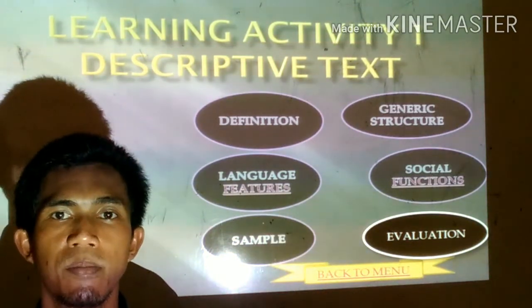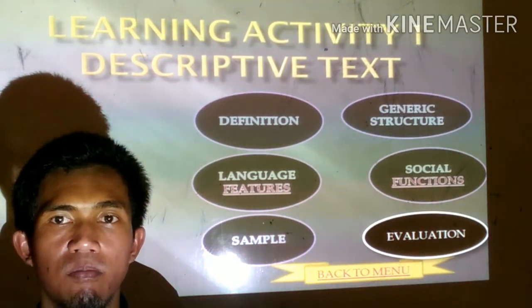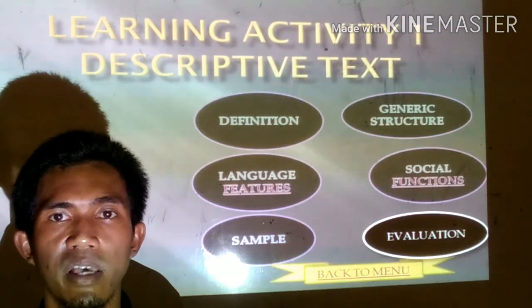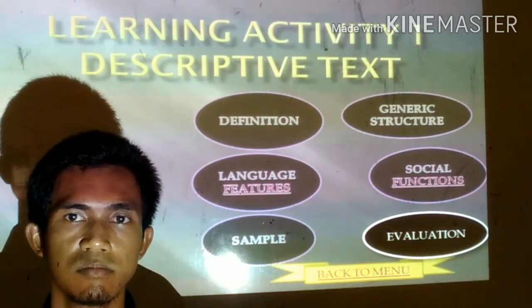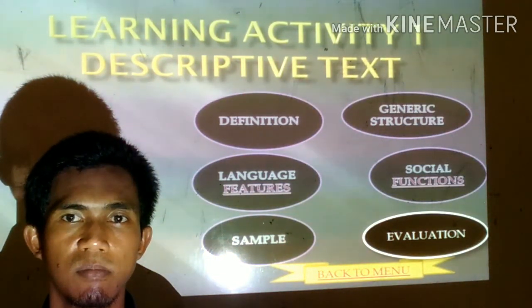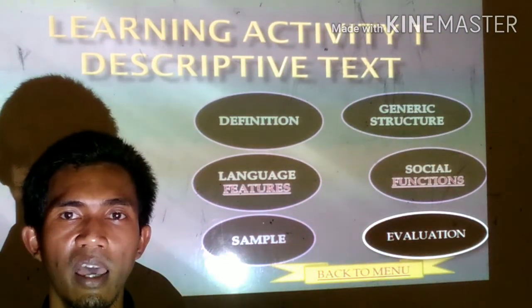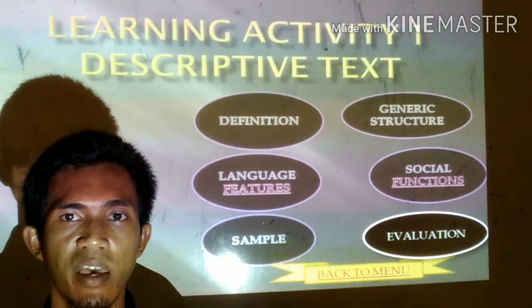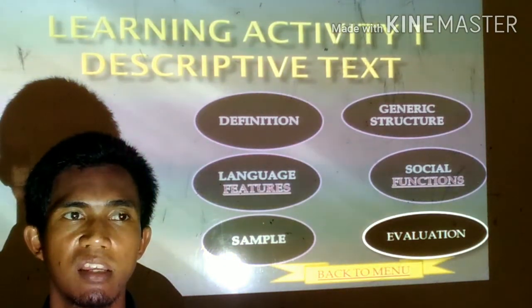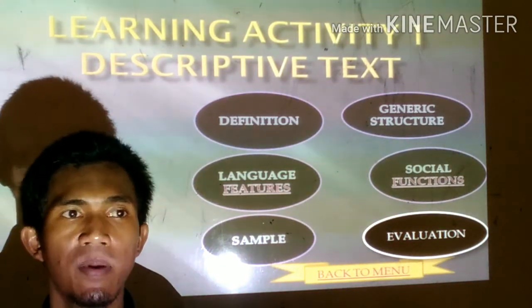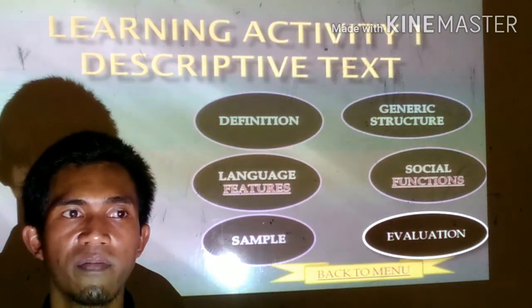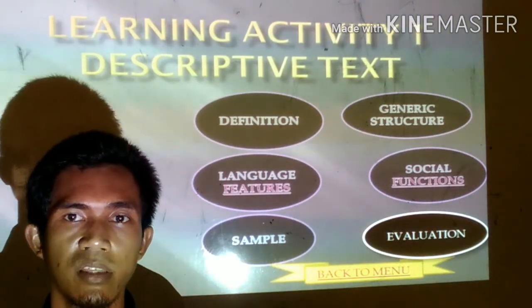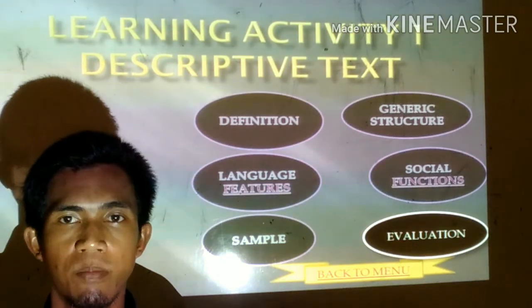How about the language features? Do you remember? What are the language features of descriptive text? Okay, good. The language features of descriptive text are specific participant, adjective, simple present tense, and action verb.